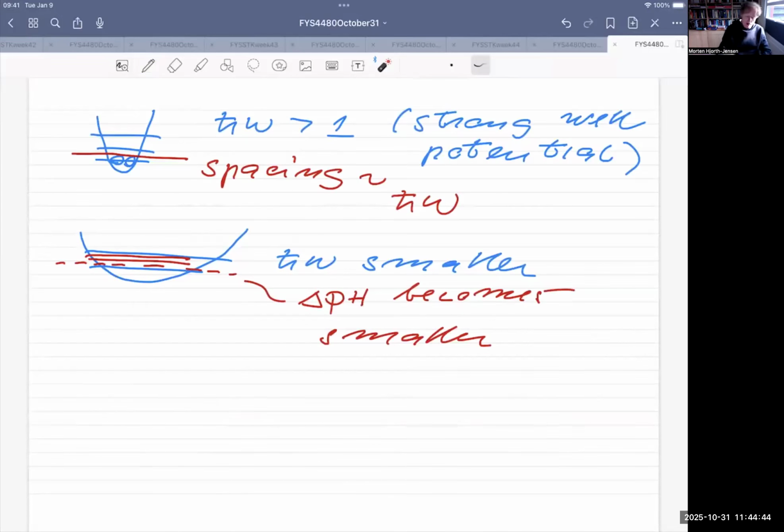contribution. However, when you make the well wider, h bar omega is smaller, you have a higher density of states around the Fermi level, your delta ph becomes small, and then the gap between, so this term delta, or the strength for the interaction, with the gap between the state below the Fermi level and above the Fermi level, this can become very small.